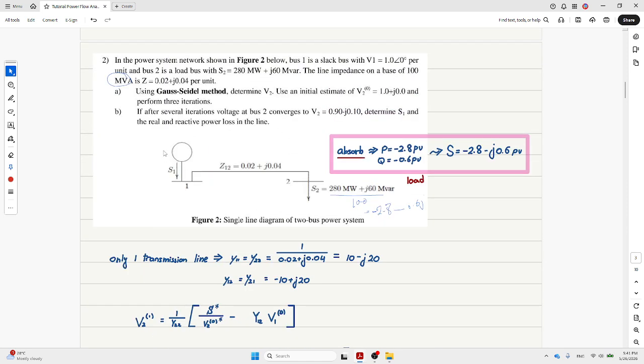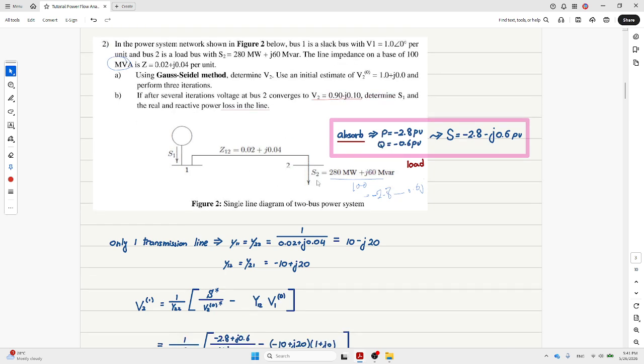Okay, so part B says after several iterations, assume this is the voltage of bus 2: 0.9 minus 0.1j. Determine S1 and the real and reactive power losses of the line. So how should we calculate that? For that purpose, the best way is to find the current here.